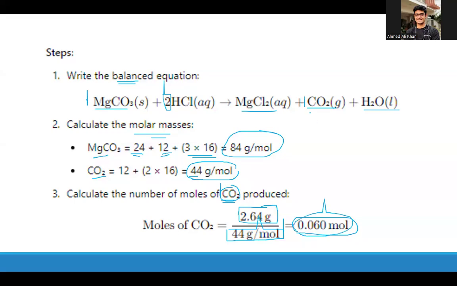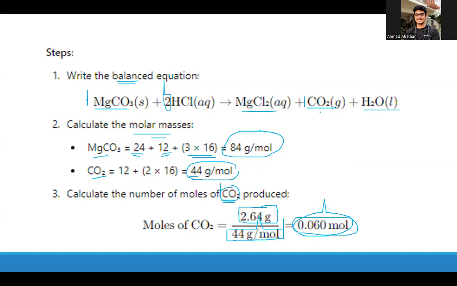0.06 mole हो अगर carbon dioxide की produce, right? So how many moles of magnesium carbonate are needed to produce this carbon dioxide? 44? No, 24 कहाँ से? देखो, I'll repeat the question again.